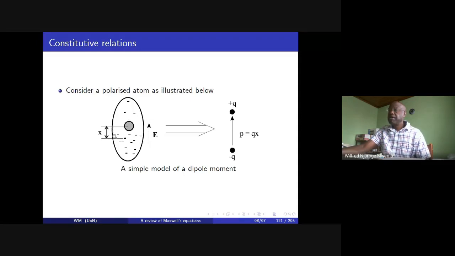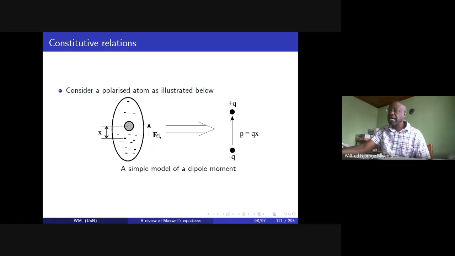When E is equal to 0, the charge distribution of the negative charge cloud and the nuclear positive charge have the same center of mass, and it's spherically distributed around it from Coulomb's law, which shows that there is spherical symmetry about the atom itself because of the Coulombic attraction.